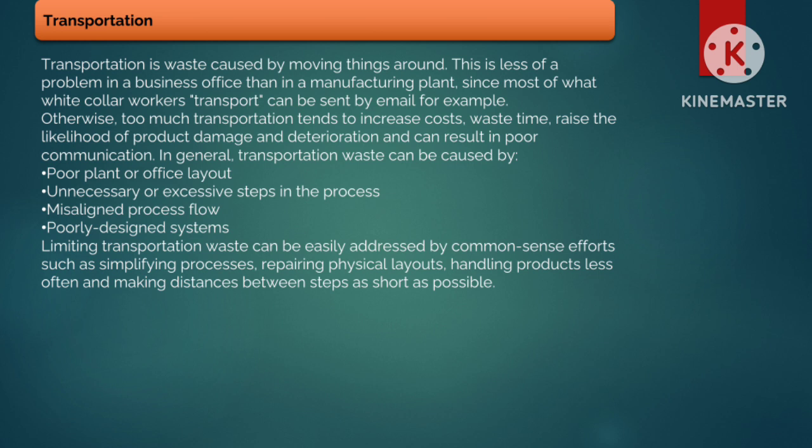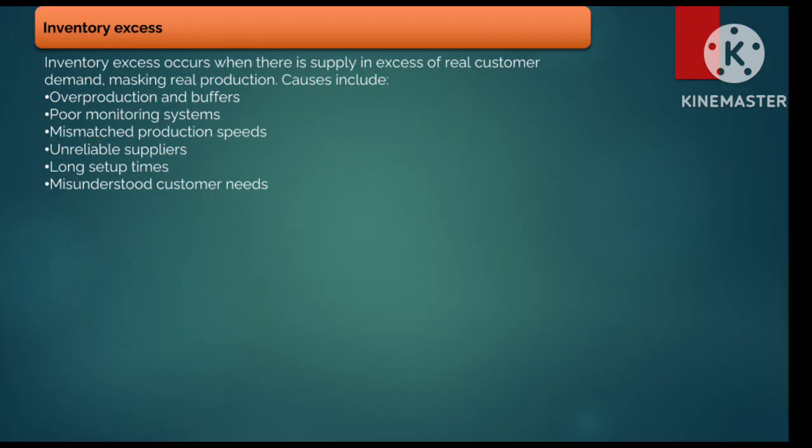You can work on a better layout, a better flow, a better optimization of your work streams, so that the transportation gets reduced. All right, I hope this is useful for you, that you can use these tools to minimize the transportation wastages.